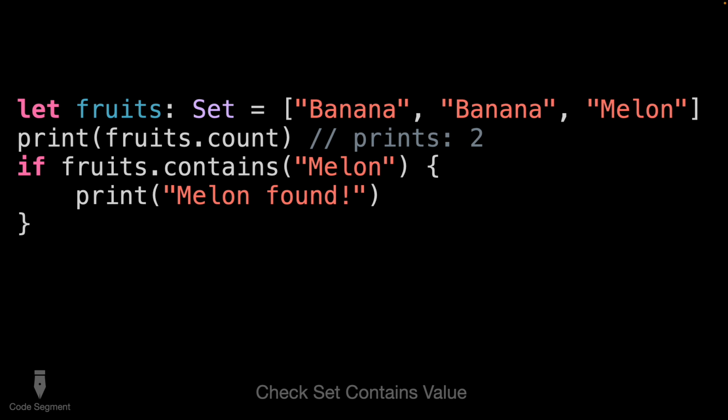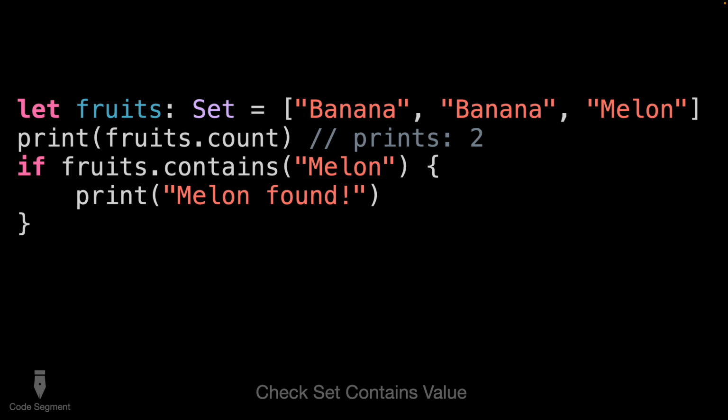Why is it printing 2 when we passed in 3 elements? Because they are not distinct, what we passed in. Banana and banana are the same, which means it dropped the second one. When it tried to be added to the set, it dropped it, because it doesn't care. It only cares if it exists in one way in the set.